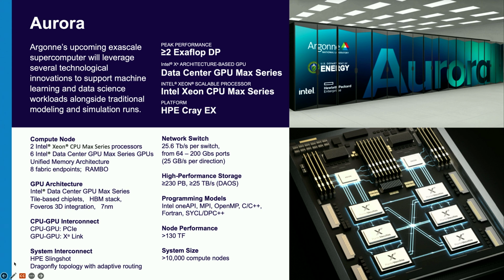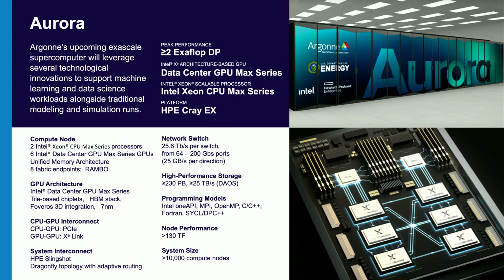It has above 10,000 nodes. Each node has 2 Xeon CPU Max series processors and also 6 Intel Data Center GPU Max series GPUs. If you look at the picture, it's Ponte Vecchio, but they renamed it.